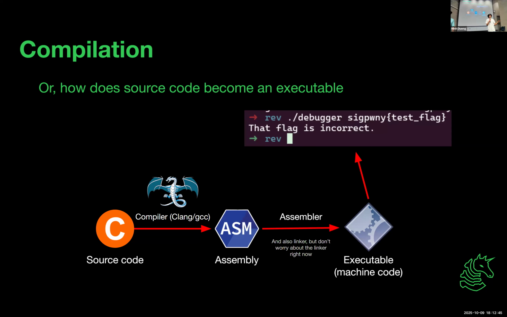This compiler will optimize your code, read through your code, go through it. And it turns into assembly, and then from there, an assembler will take that code and turn it into machine code. And if you have multiple files, a linker will link everything together, but we don't have to worry about that for now.